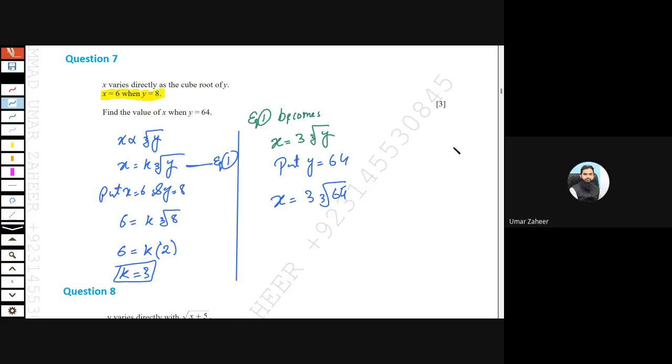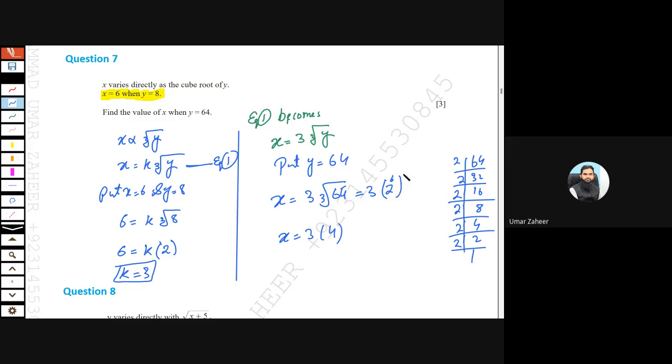For example, if you don't know, you need to find the prime factorization. It will be 2 times 32, 2 times 16, 2 times 8, 2 times 4, 2 times 2, 2 times 1. So it will become 2 power 6: 1, 2, 3, 4, 5, 6.